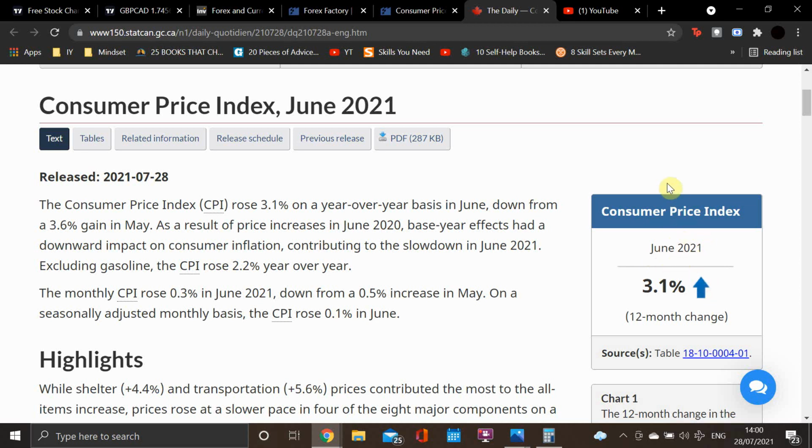So that's good, 3.1%. 3.6% gain in May as a result of price increase in June 2020. Base year effects had a downward impact on consumer inflation, contributing to the slowdown in June 2021. Excluding gasoline, CPI rose 2.2% year over year.